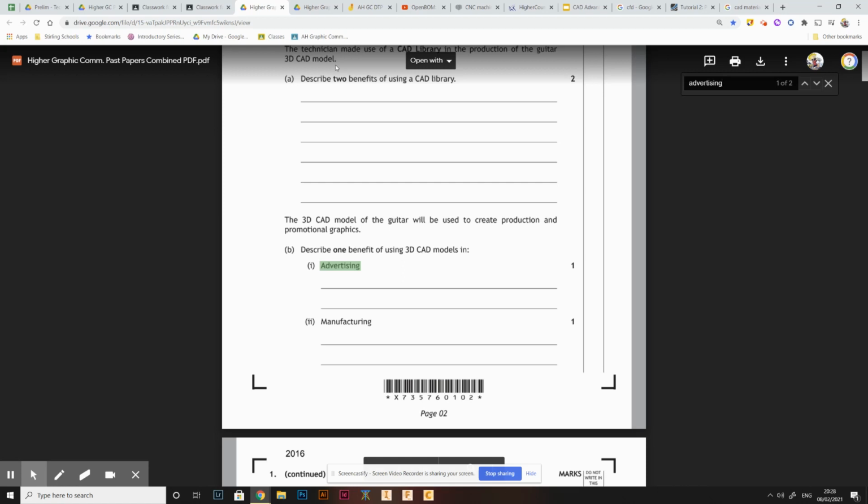Think about what you'll learn about these advantages and disadvantages of CAD in that context, and let that direct your answer. Although there are some common themes that you'll see if you look at the past paper answers, you can't guarantee that just throwing one down from memory will necessarily get you the mark. It has to be relevant to the question that was being asked.